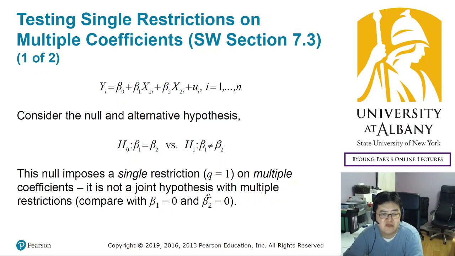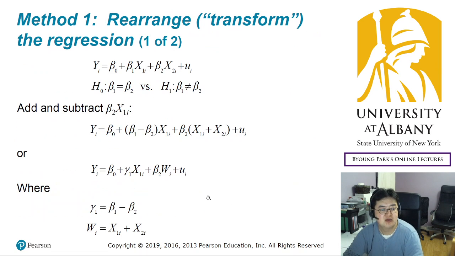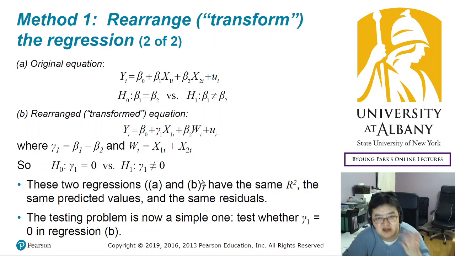So there was no rearrangement method when you need to handle multiple restrictions, multiple equalities. So this is a clever and new idea in a special case.